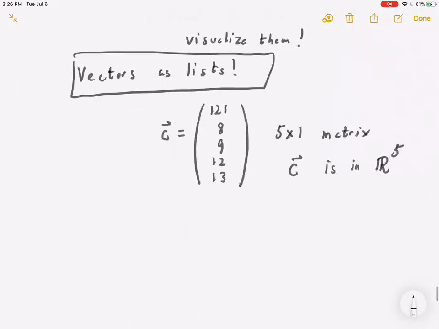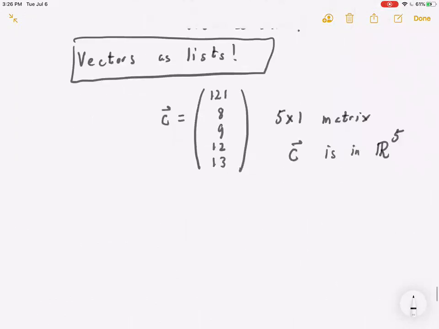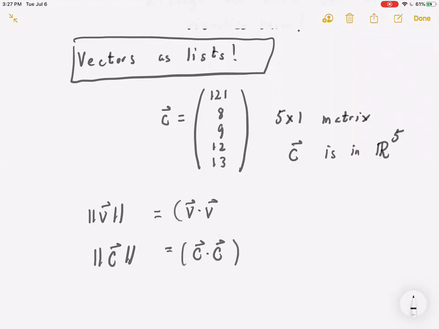A last thing to do with both V and C, for that matter: even though I cannot draw these vectors on a piece of paper, they still have a magnitude or norm or length. I just use the standard definitions. Namely, I take the dot product of those vectors with themselves, and I take the square root.